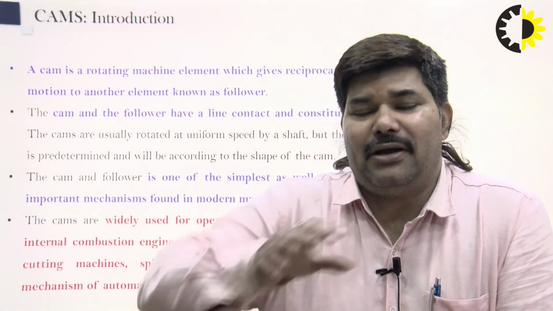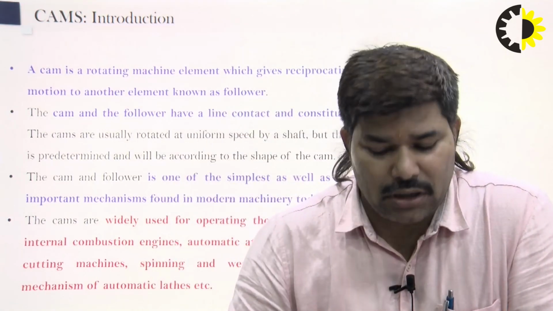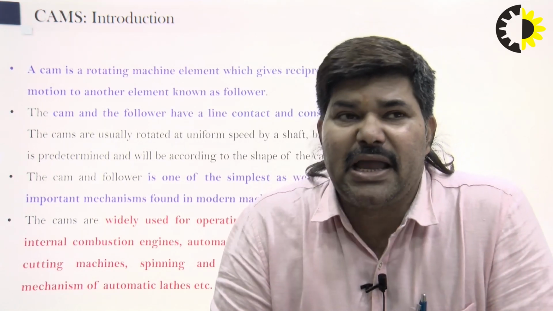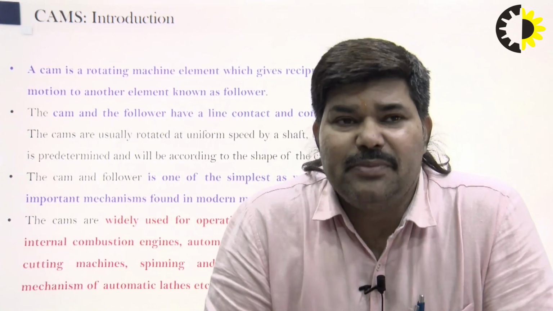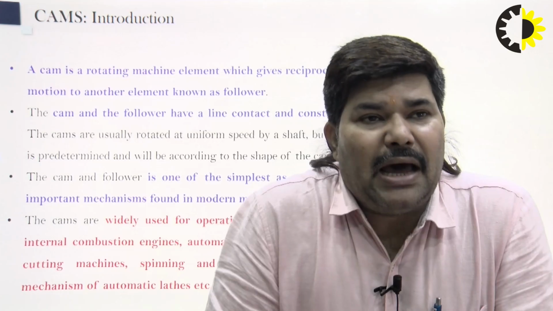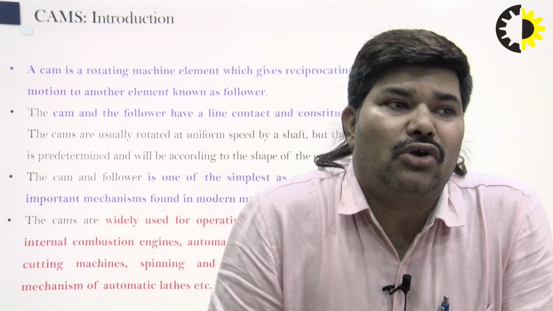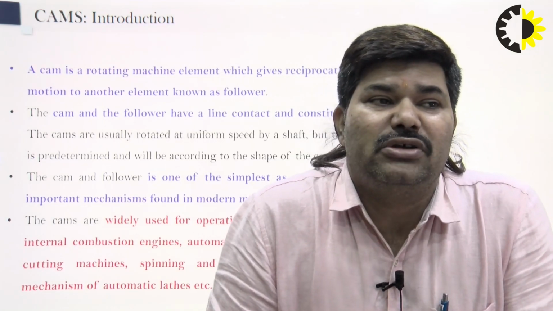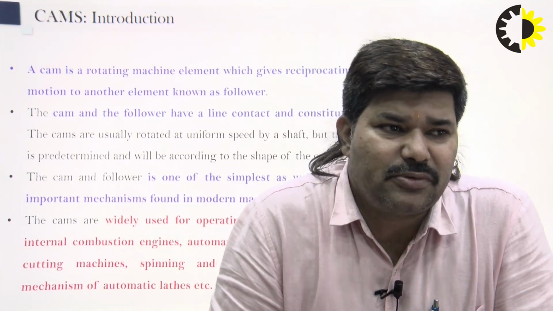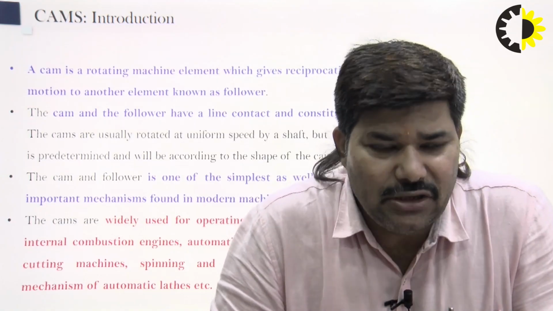So there are wide uses of CAMs, with different shapes of CAM. The follower shape is also important. According to that, we use them on a large scale in the automobile industry, combustion engines, opening and closing of valves, cutting machines, paper cutting machines, also shipping machines. These are widely used.